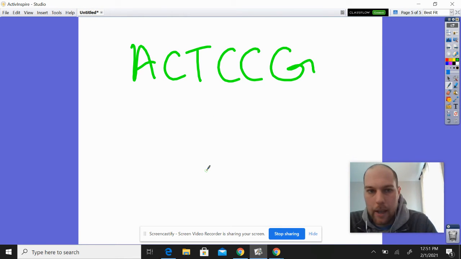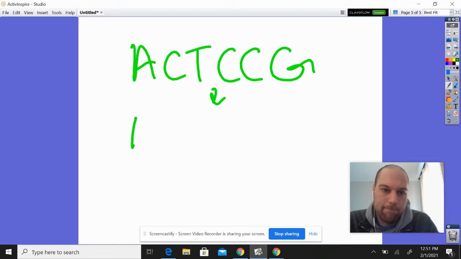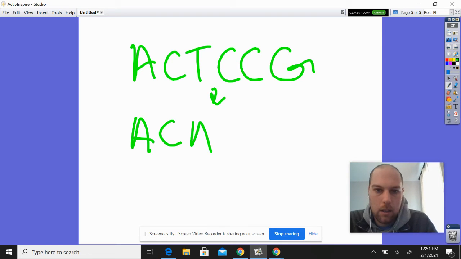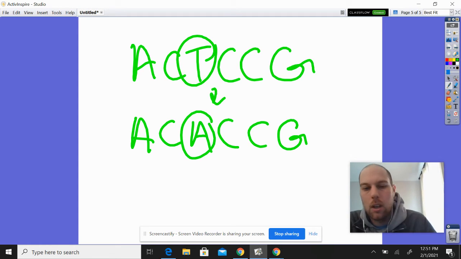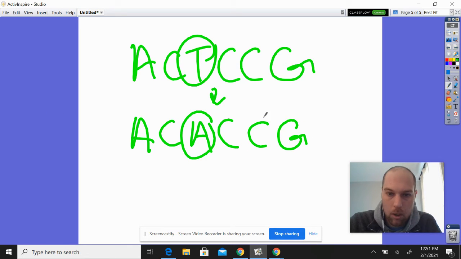That could be as simple as ACTCCG changing to ACACCG. Obviously, one letter has changed. It can make a difference. It can change a protein or a gene, but it's much more unlikely to because it's just one letter change. It hasn't changed anything after or before.